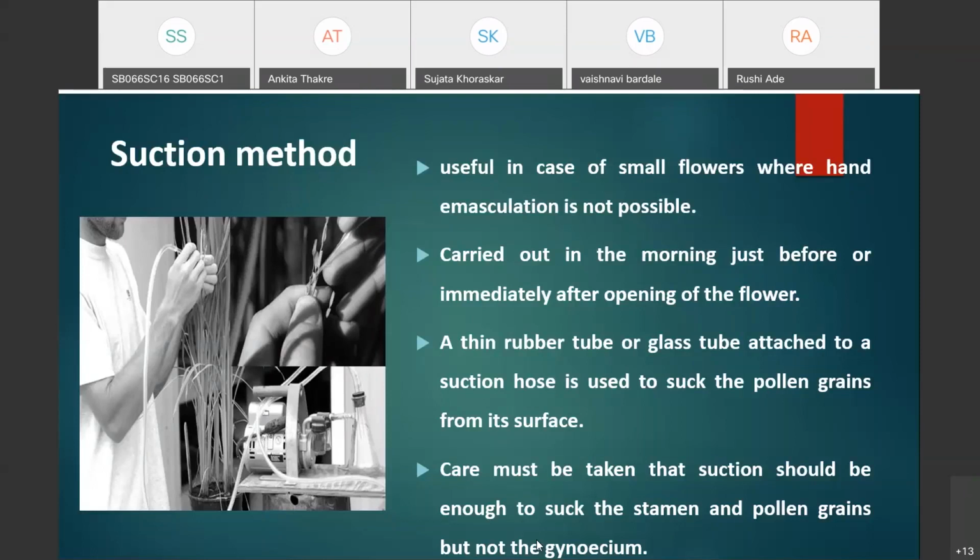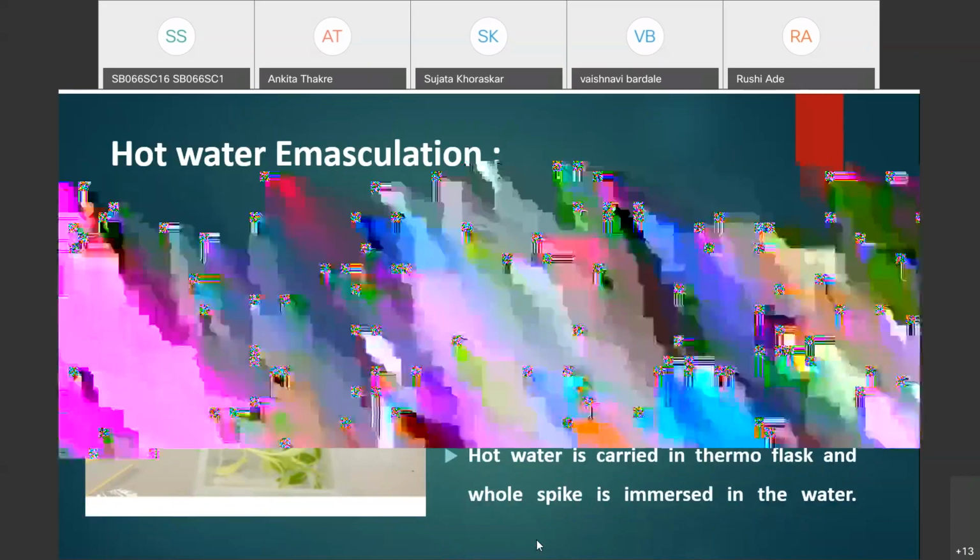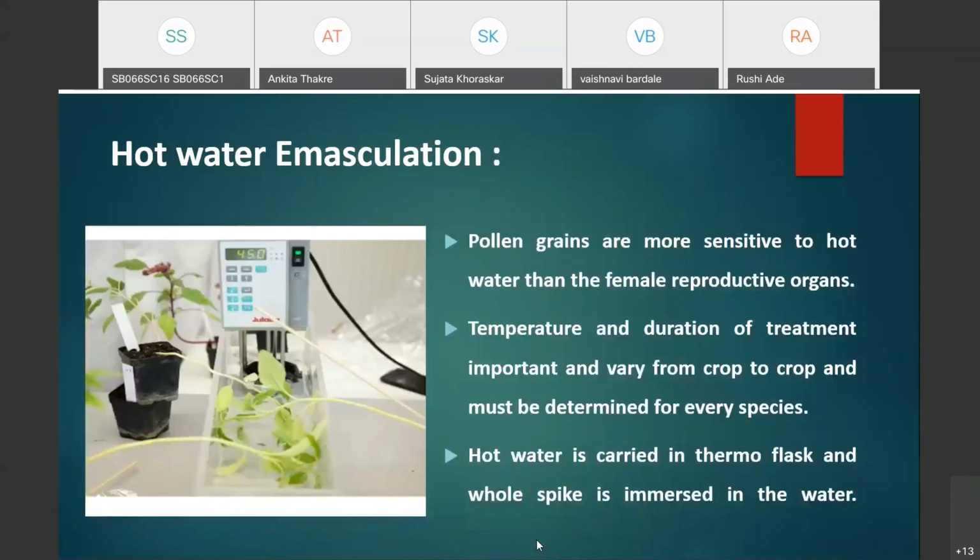Then another method is called hot water emasculation. Here it is a well-known fact that the pollen grains, or the male reproductive organs, are more sensitive than the female reproductive parts to environmental and genetic factors.